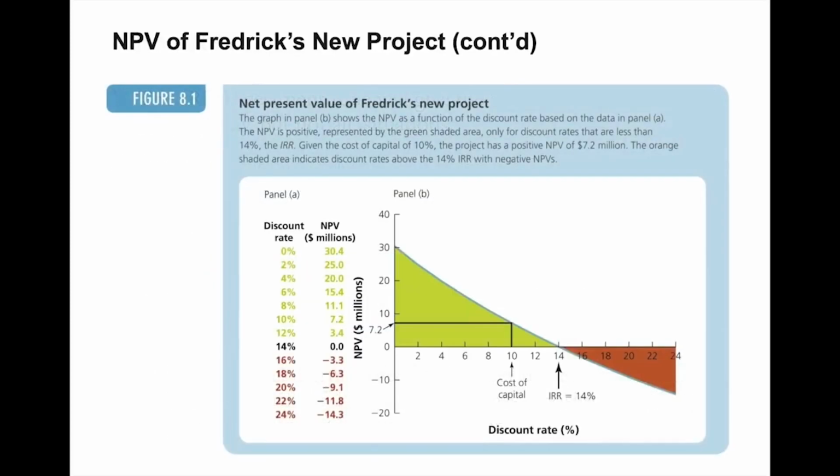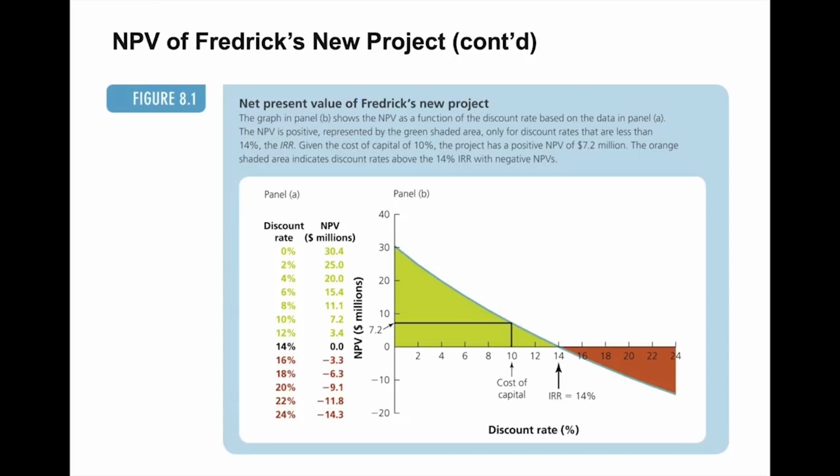So again, going back to figure 8.1 in your slide, we will see that to the left of the internal rate of return of 14%, so that's all the discount rates that are less than the internal rate of return, we have a positive NPV. And we can see that more obviously on the table next to the NPV profile there.